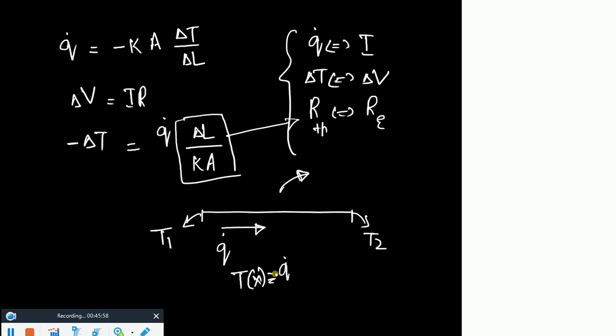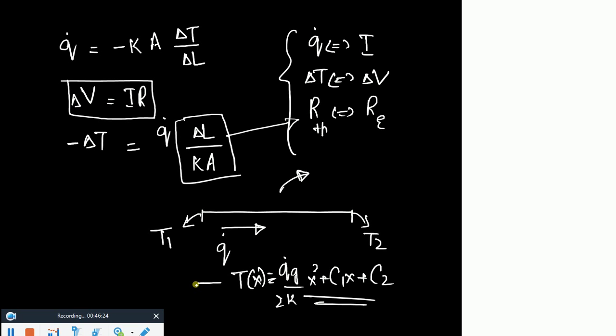T(x) was minus q dot g over 2k x square plus c1x plus c2. Even if you put the boundary conditions, can you develop a relation synonymous to the Ohm's law from this equation? Ohm's law is a linear relationship. Is this a linear relationship? Not at all. It is a quadratic one.